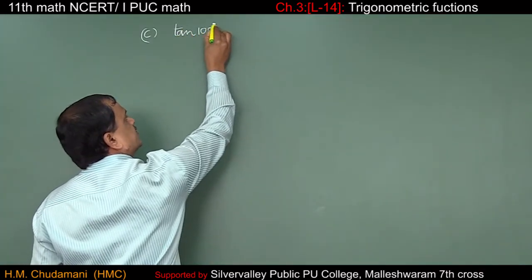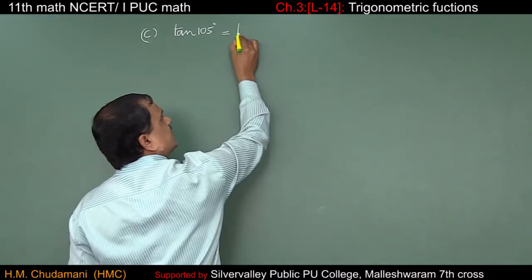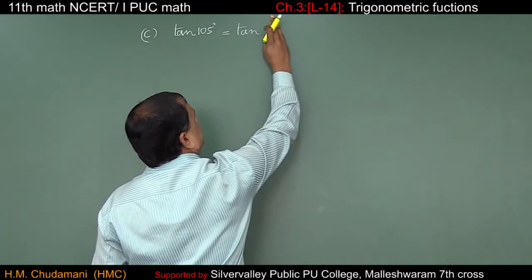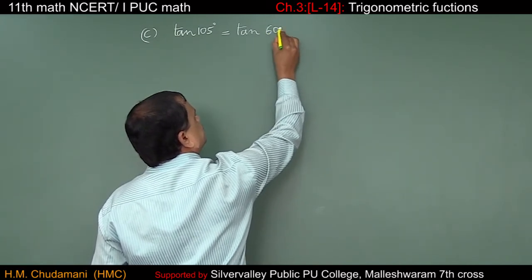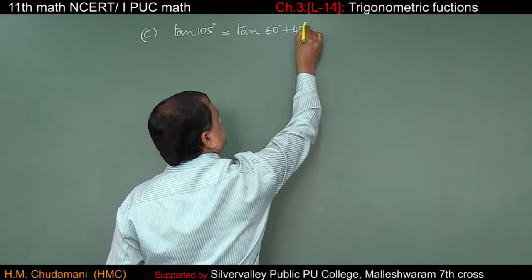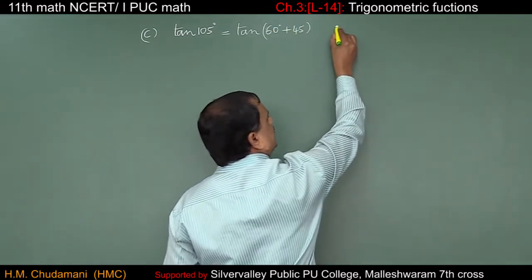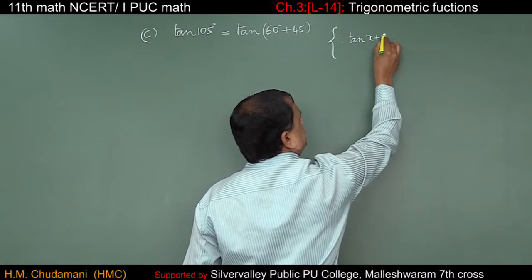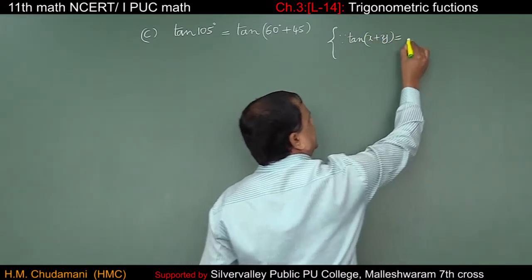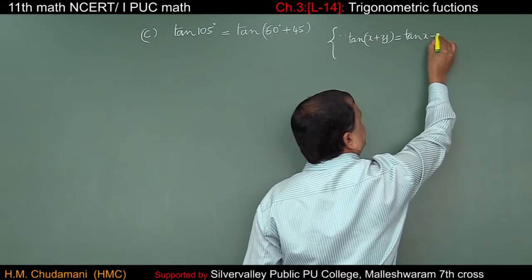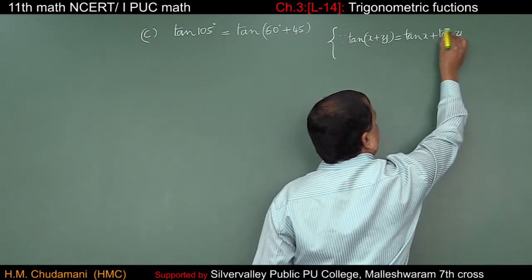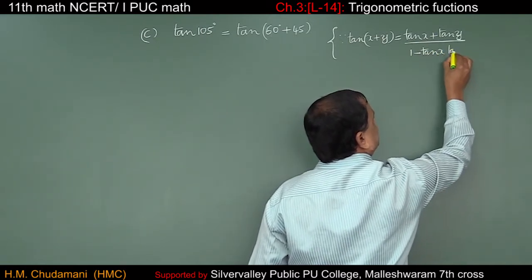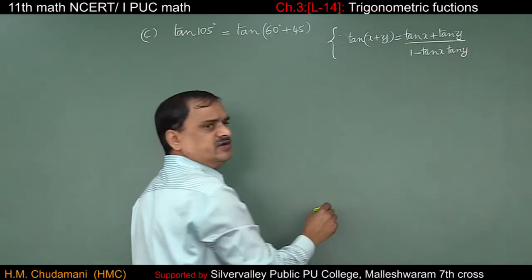Tan of 105 degrees. 105 can be written as 60 plus 45. We have the formula: tan of x plus y can be written as tan x plus tan y divided by 1 minus tan x into tan y.